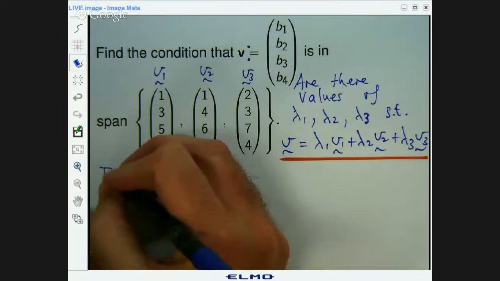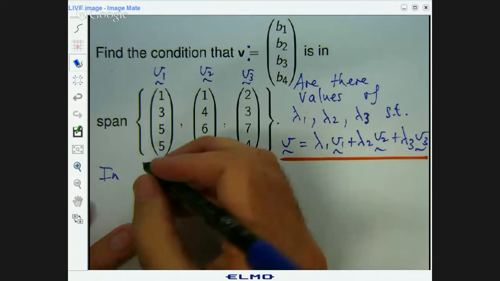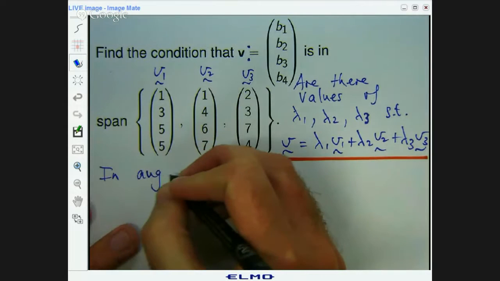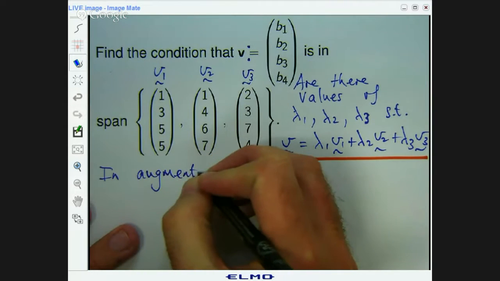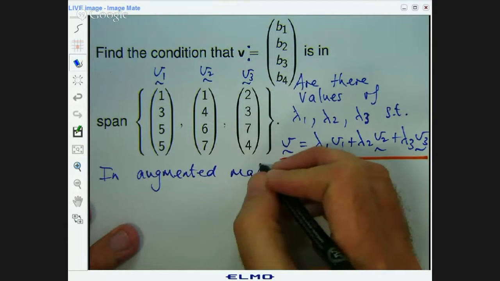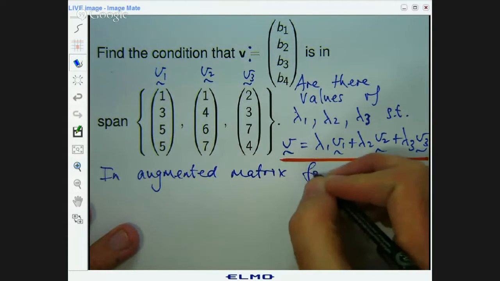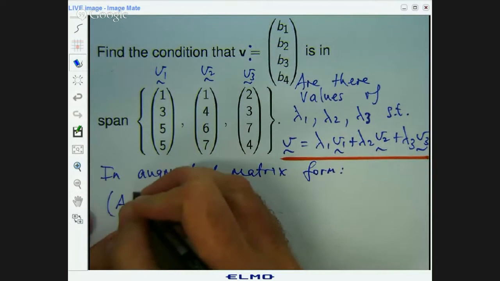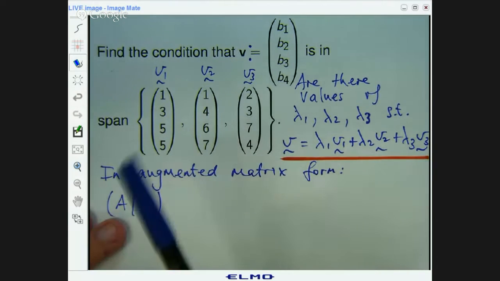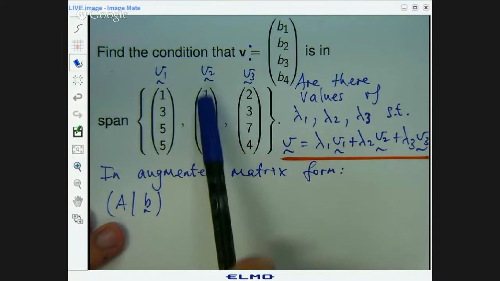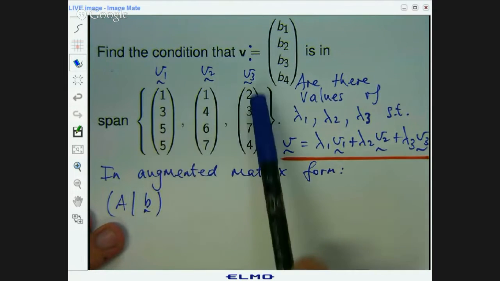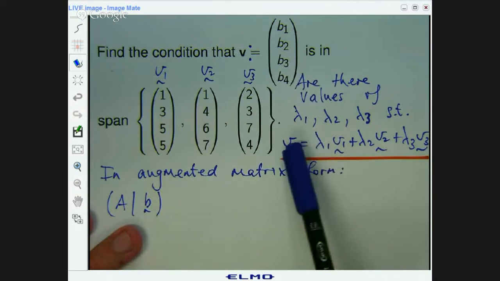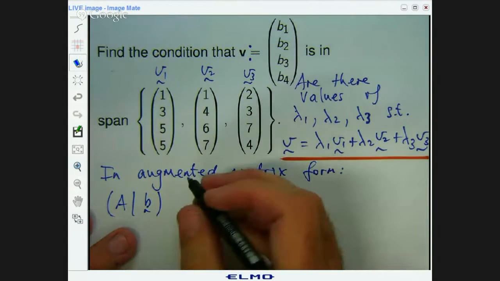So let's write that down, and this should be looking familiar now because I've done a lot of videos on this. So basically you have the coefficients, which in this case are just the columns here, and you have the right-hand side this, or I guess the left-hand side in this case.